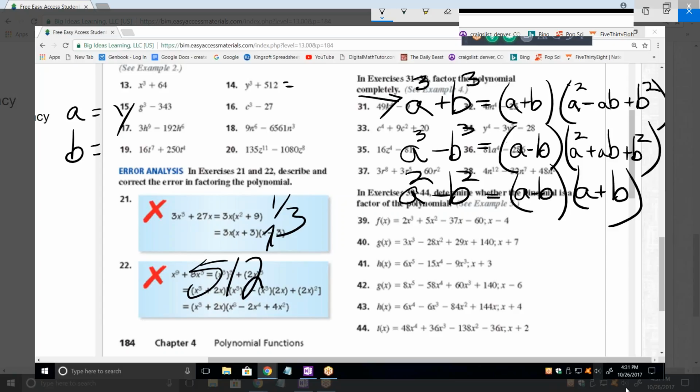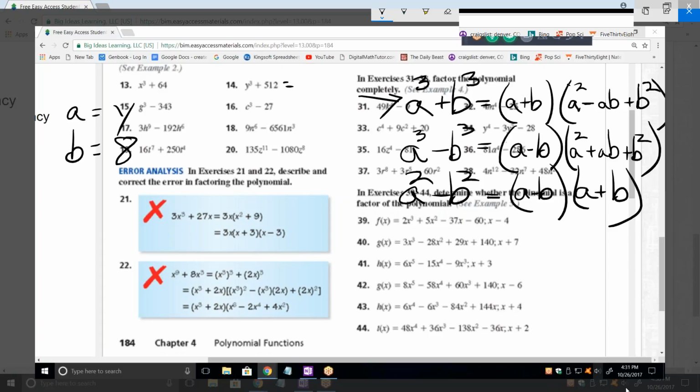That's the cube root. Eight. Okay? So B is 8.